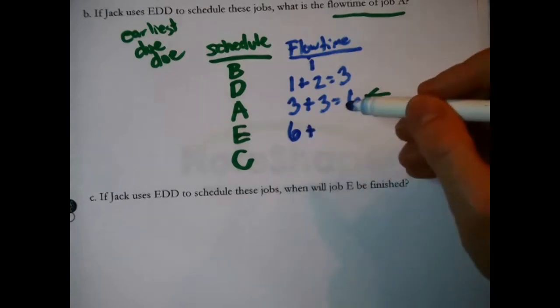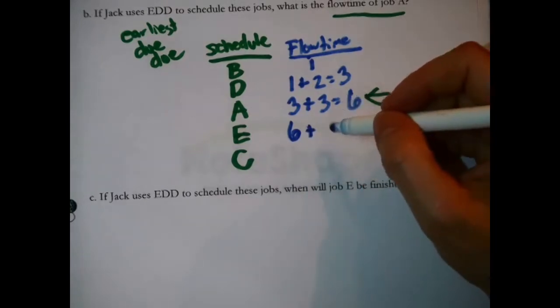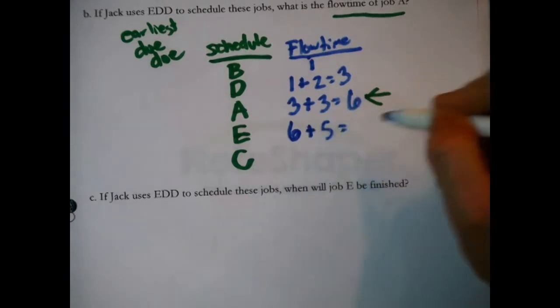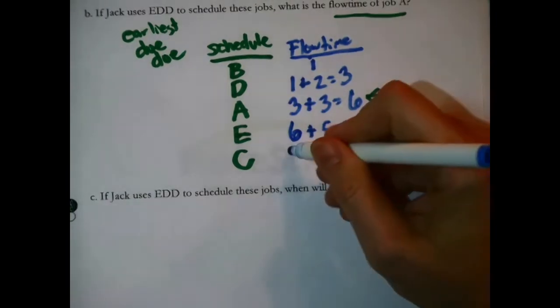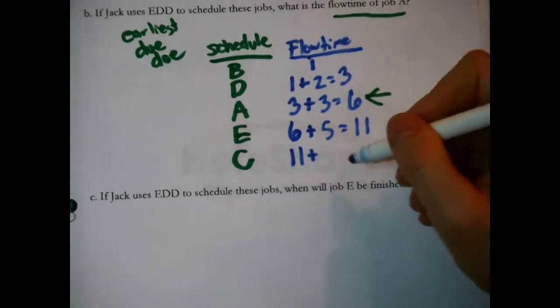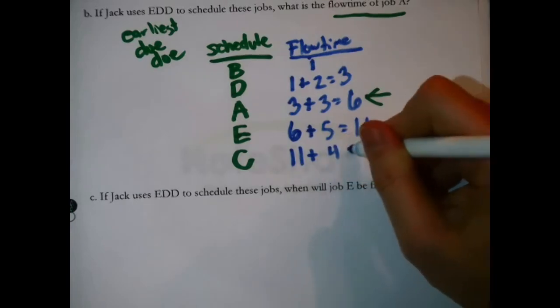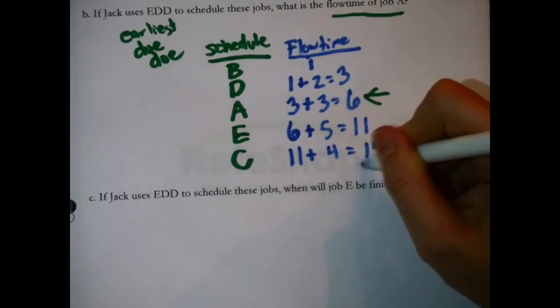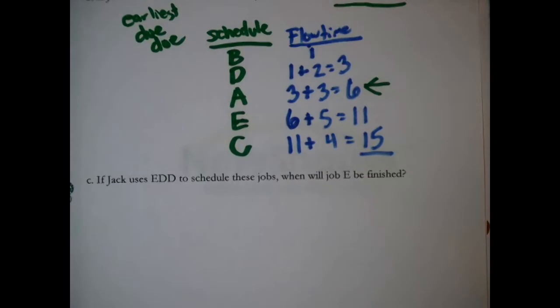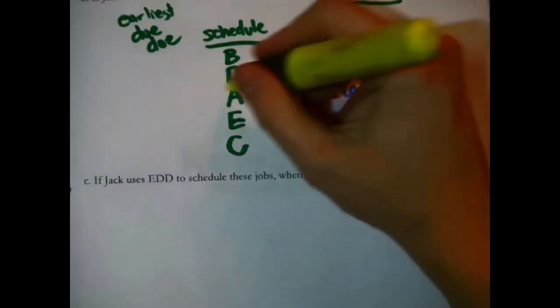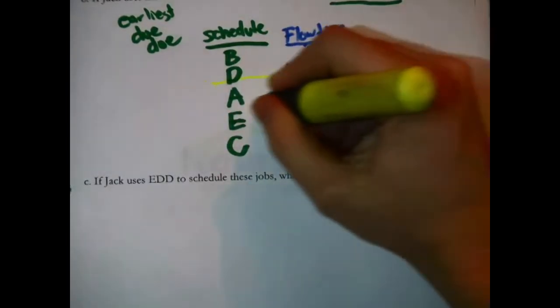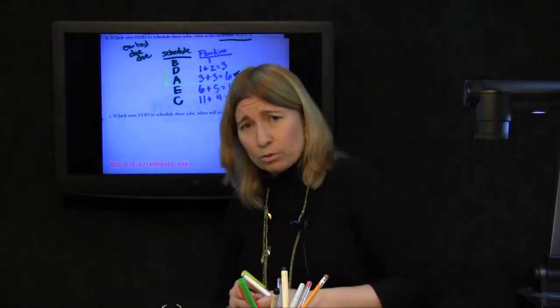E is how many hours worth of work? It's 5. That means that it will be finished in 11. C has to wait for those 11 hours. C is 4 hours worth of work. The flow time for C is 15, and I'm really glad to see that because that's that same old 15 we got last time. But anyway, we actually answered that question about halfway through. The flow time for the job called A is 6 hours.